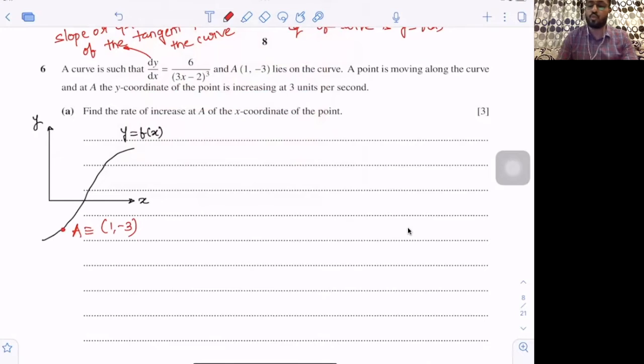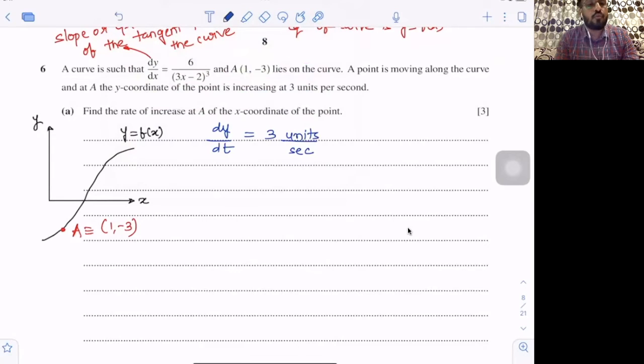So what is given to you? Students, you are given the rate of change of the y coordinate at point A. So it is dy upon dt, the rate of change of the y coordinate at point A. And that rate of change is given to us as 3 units per second, right? Now look at the first question.